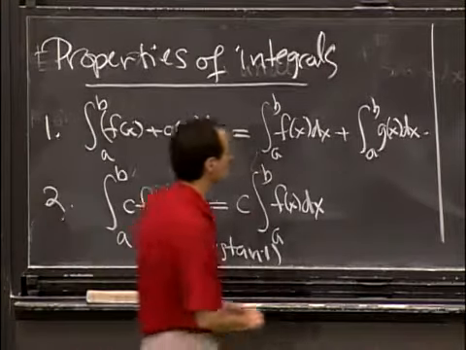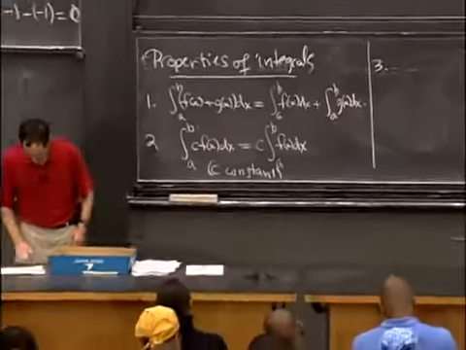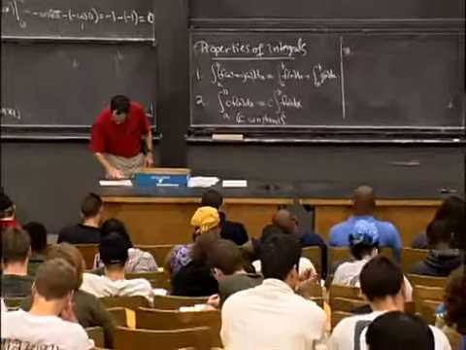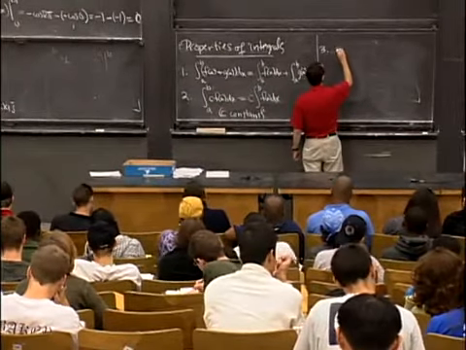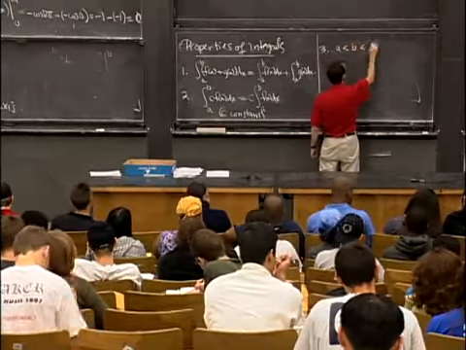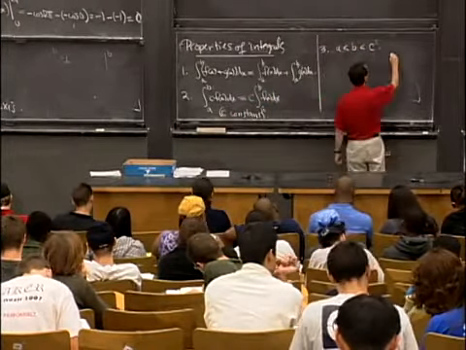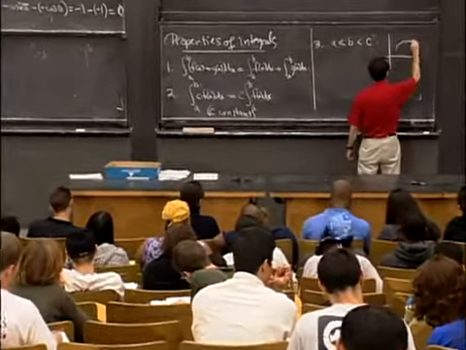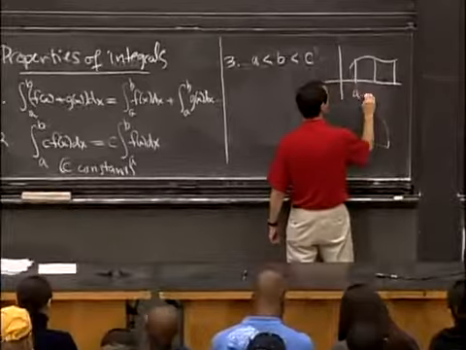The third property, well, what do I want to call the third property here? I have a sort of preliminary property, which is the following, and I'll draw a picture of it. Suppose you have 3 points along the line. I'm going to use the interpretation of area above the curve, even though that's not the whole thing.